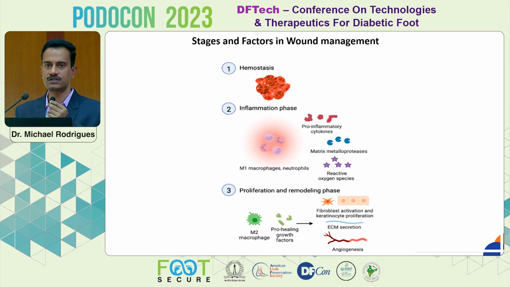So early diagnostics, early detection, foot checking, all those you would have heard in the prior sessions, are of very much importance here. In the stages of wound healing, I take out hemostasis because these are chronic or diabetic wounds.